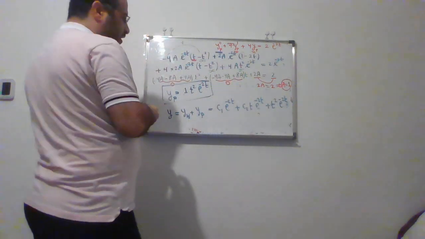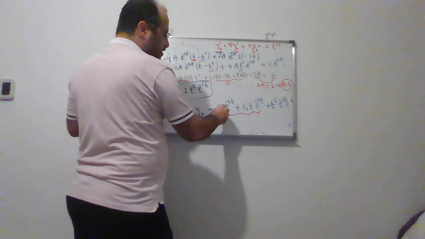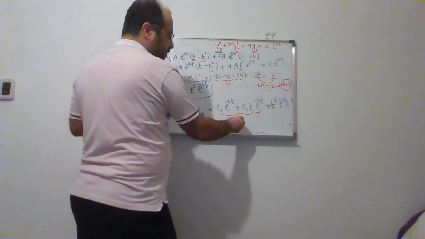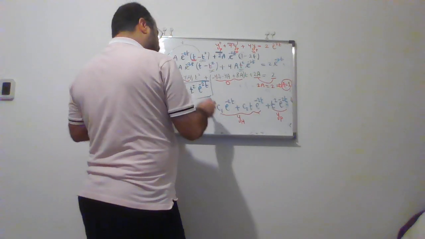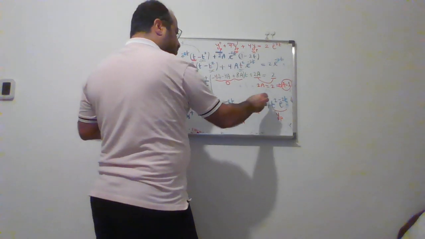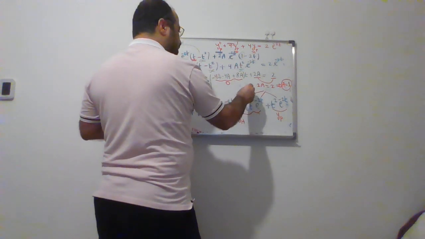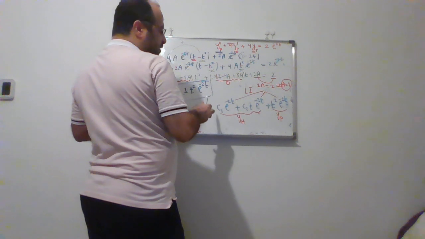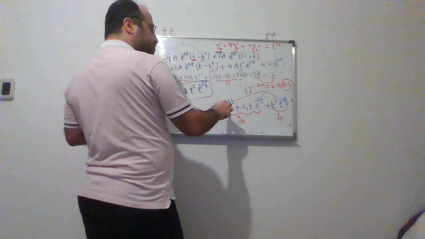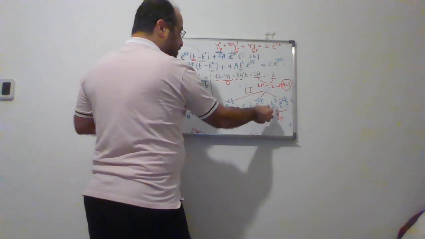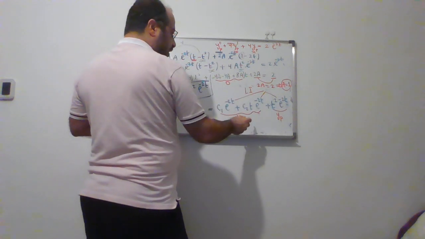Now let's check here. So the homogeneous part here is the one that has the constants C1 and C2, right? And the particular is the one that has no C's, right? And now these three parts should be linearly independent. So 1, 2, and 3 should be linearly independent. Are they linearly independent? Yes, because if you divide this one by this one, you get t. This divided by this will get t. This divided by that will get t squared.